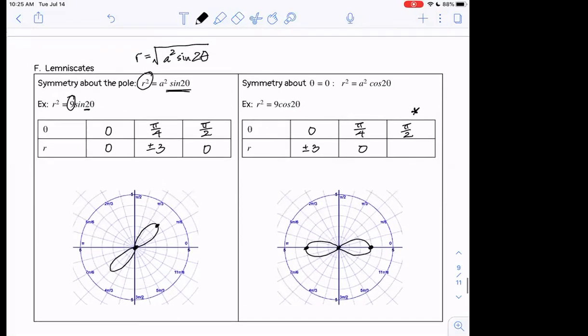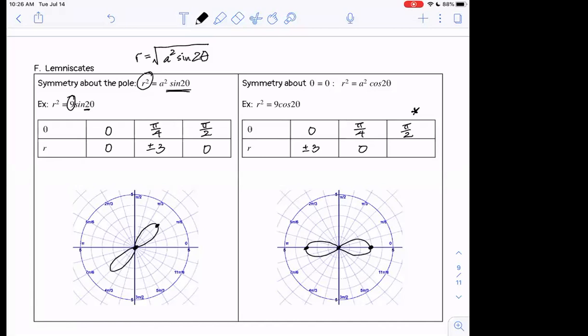If you did not have a great experience in pre-calc, or it's just been a really long time since you've seen polar, I would really encourage you to play around with Desmos. I do think it's one of the best tools out there to help you visualize things. There are also a bunch of videos out there on the internet if this wasn't really sticking for me, and you want to go back and hear it again from someone else. That's totally fine. But I would encourage you to really know that if I see this equation, this is the shape it's going to be.